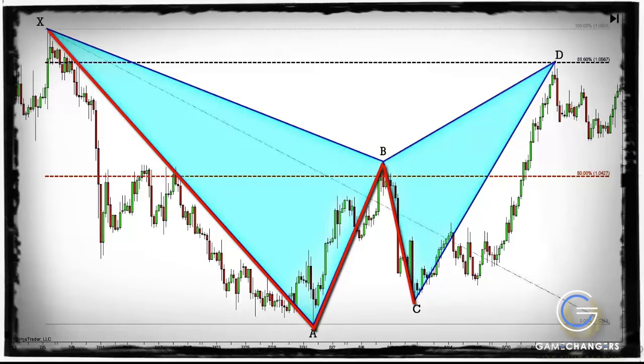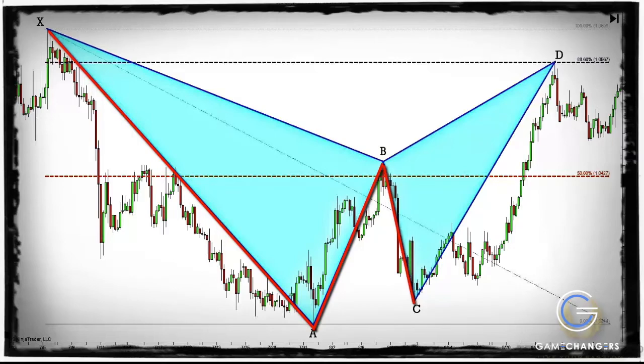As long as it doesn't push beyond the A leg, meaning the wick of the candle, this is a valid C leg. Again, we have to have a minimum of a 382 Fibonacci retracement, and as long as the wick of the candle doesn't push beyond the A leg, this is a valid C leg.